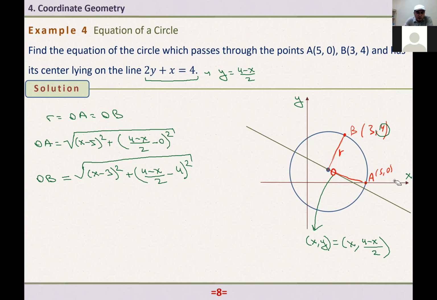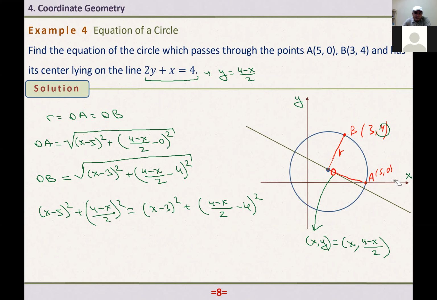Since OA and OB are equal to each other, and they are both positive, their squares are equal. That means that (x minus 5) squared plus ((4 minus x) over 2) squared is equal to (x minus 3) squared plus ((4 minus x) over 2 minus 4) squared.